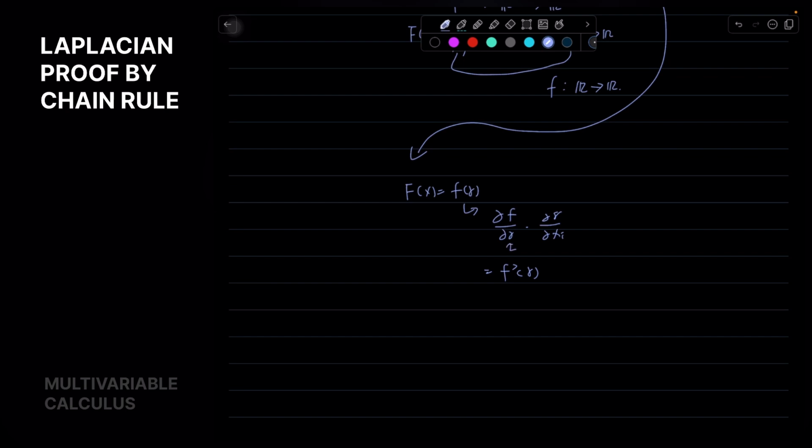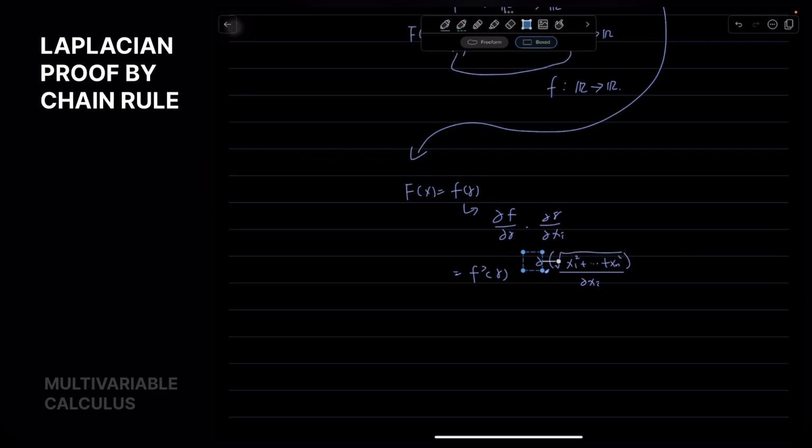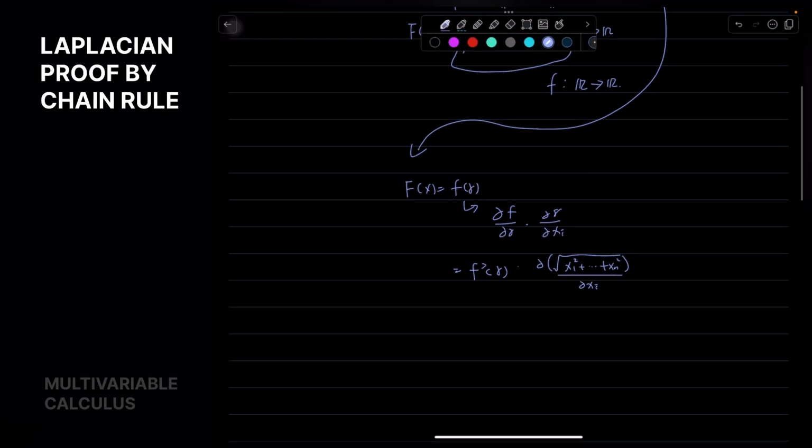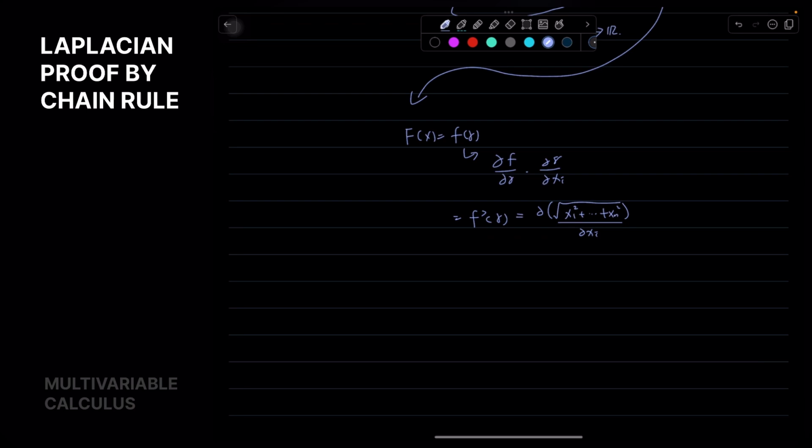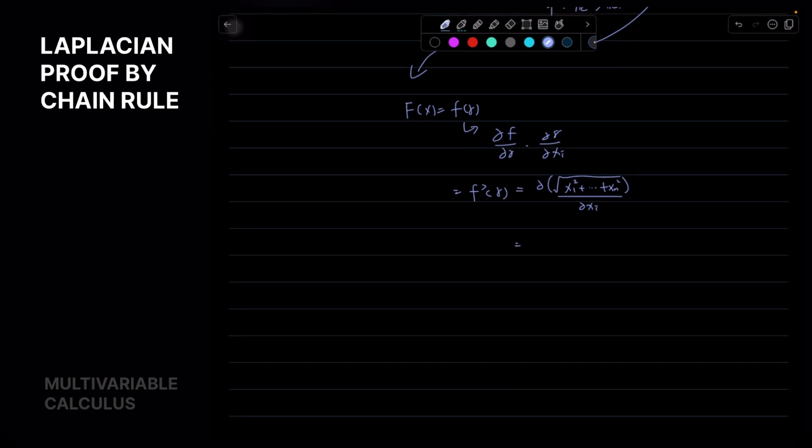We treat it as a new variable, and then by chain rule, we use x to express r, which is we continue our calculations.